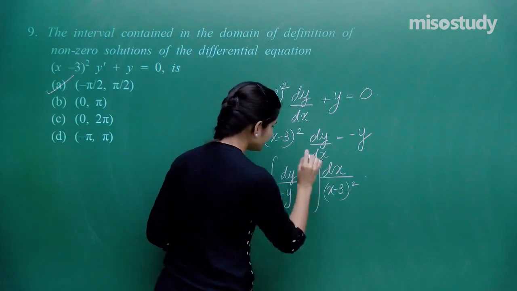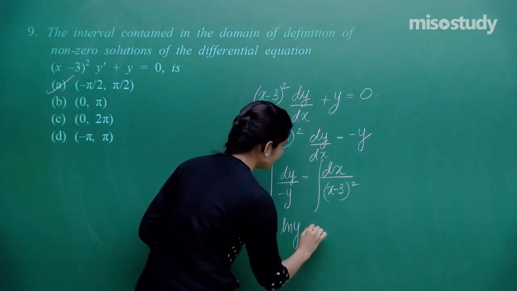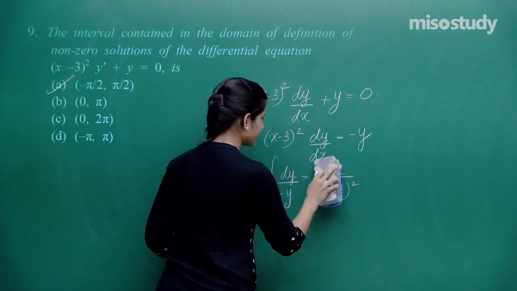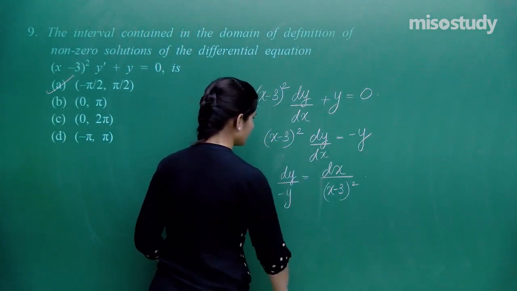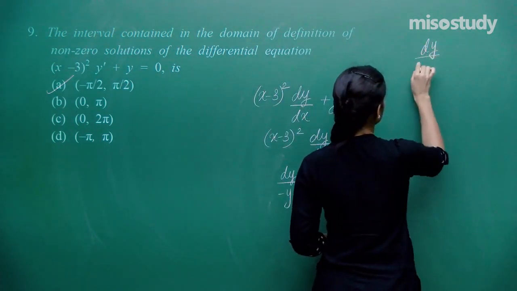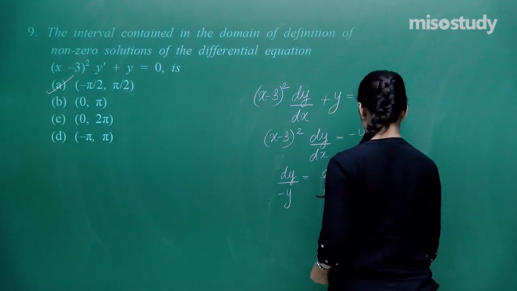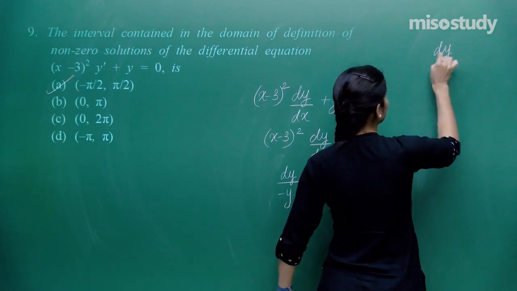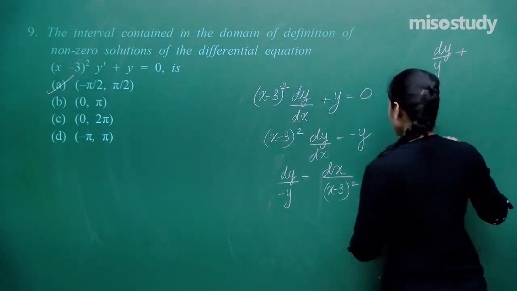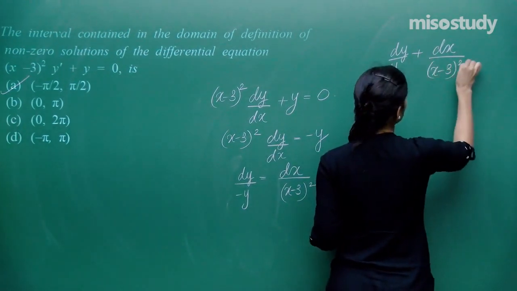Now from here if you integrate, let us first write it as dy by y plus dx by (x minus 3) whole square is 0.